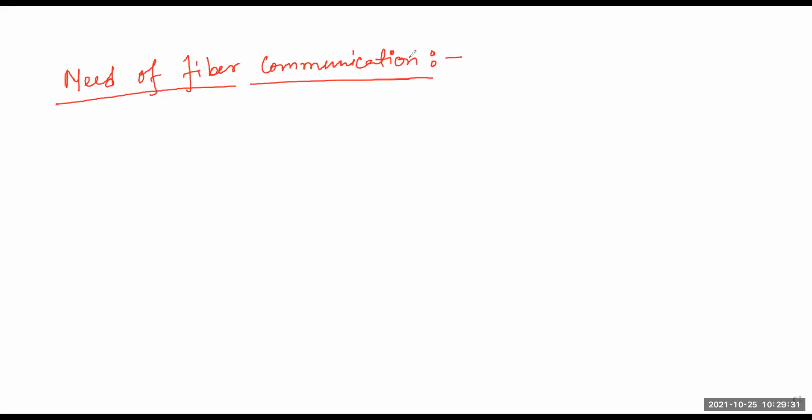Before starting this point, I want to know, at this moment there are 5 students. So out of 5, was anyone present in the last class? Shweta Kumari, I think you were present in the last class. Am I right?